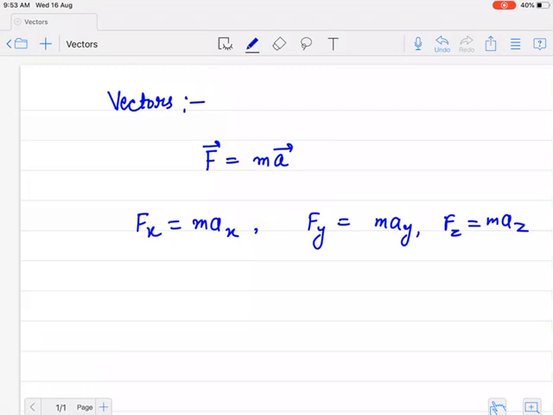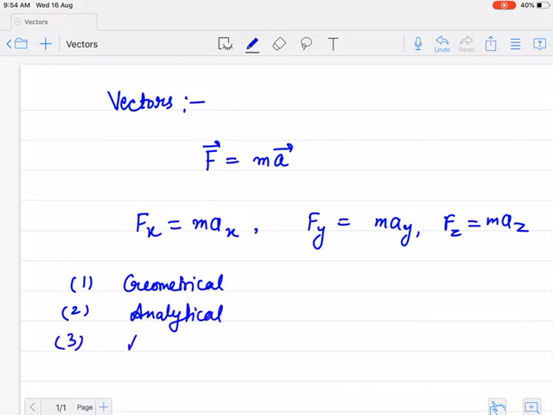So let's see how we can define vectors. Vector can be approached from three points of view. One is the geometrical, the second point of view is the analytical, and the third method is the axiomatic.